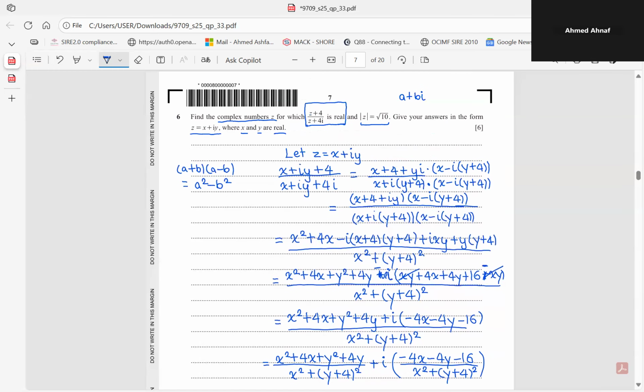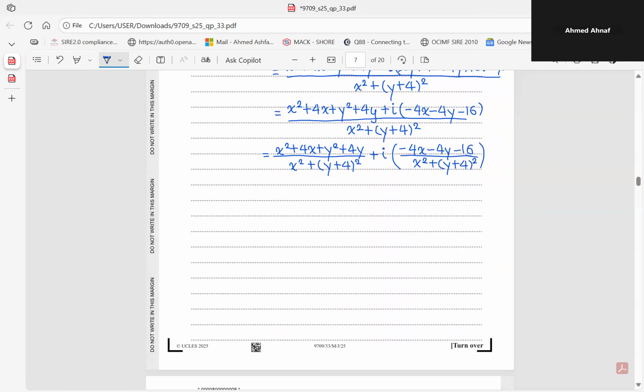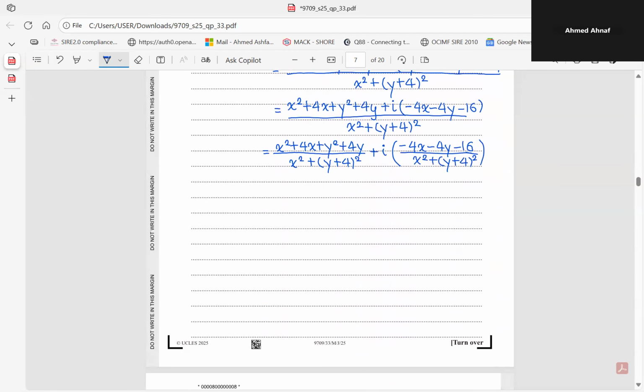And since they said this is real, this means our imaginary part must be equal to 0. So we're going to equate minus 4x minus 4y minus 16 over x squared plus y plus 4 squared to 0.